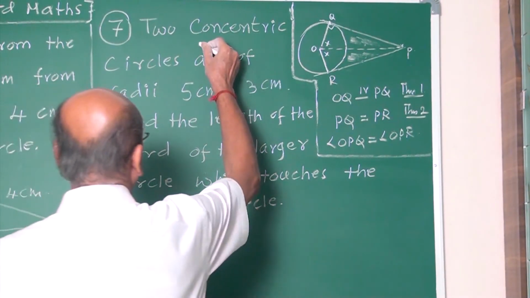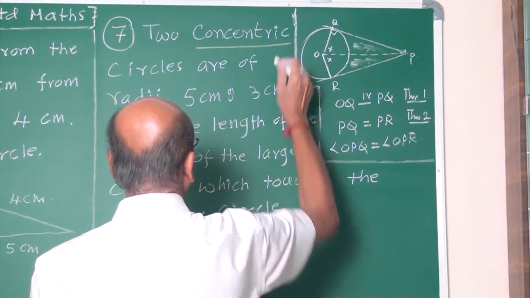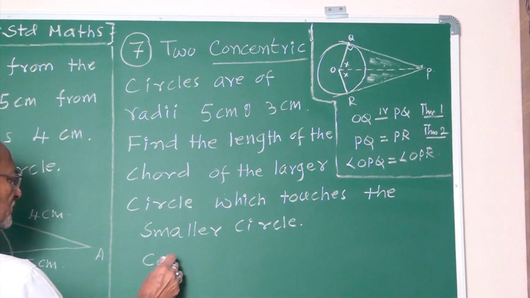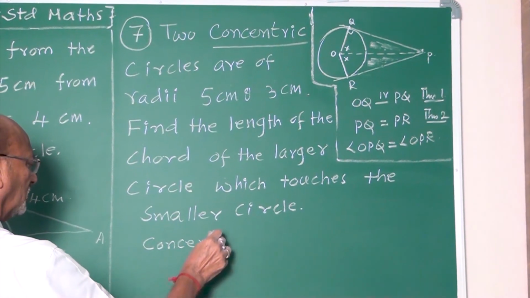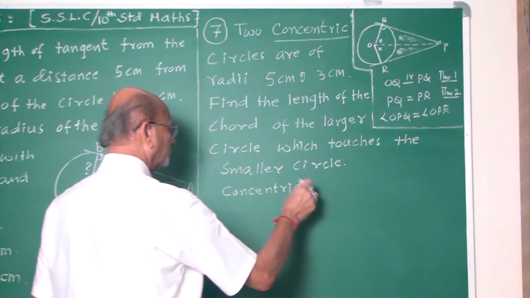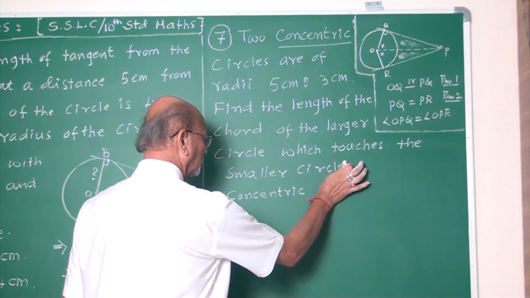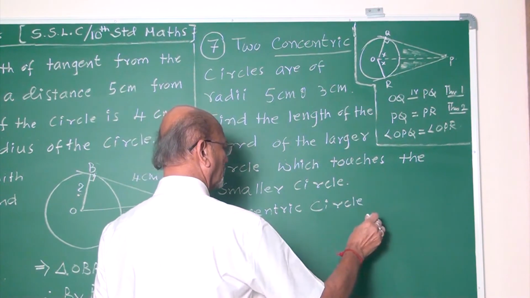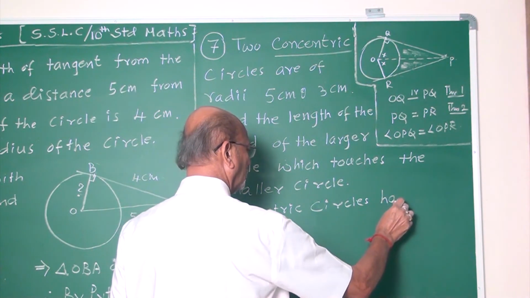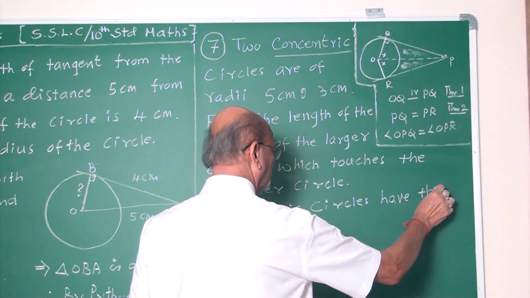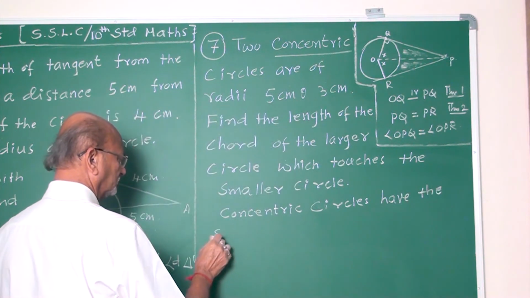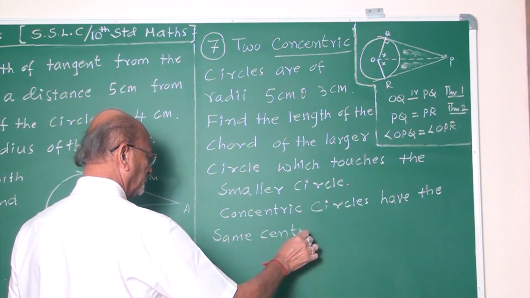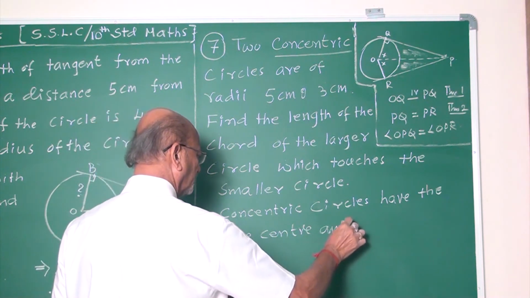What do you mean by concentric circles? Having the same center. Concentric circles have the same center and different radii.